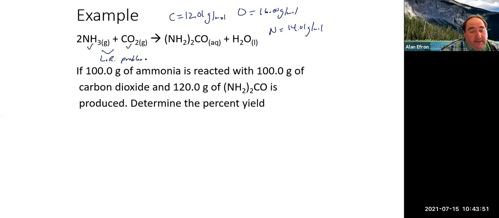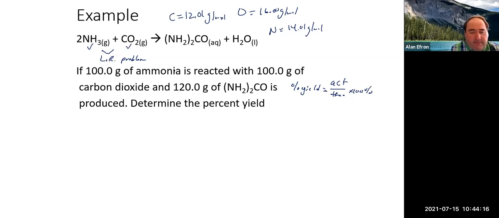So again, like normal, whatever method you're choosing to use, figure out the limiting reagent, because that is what's going to determine our amount of product. We are looking for our percent yield here, which is our actual divided by our theoretical times 100%.